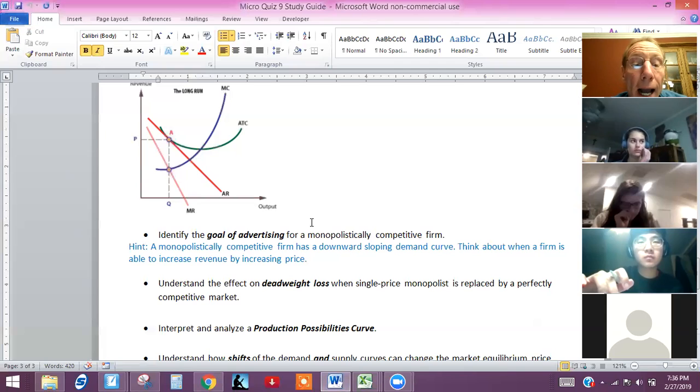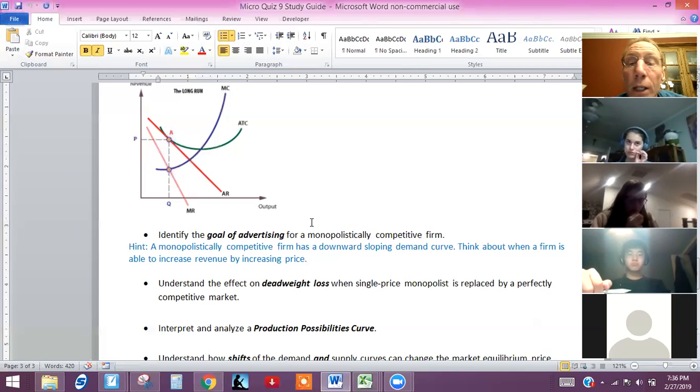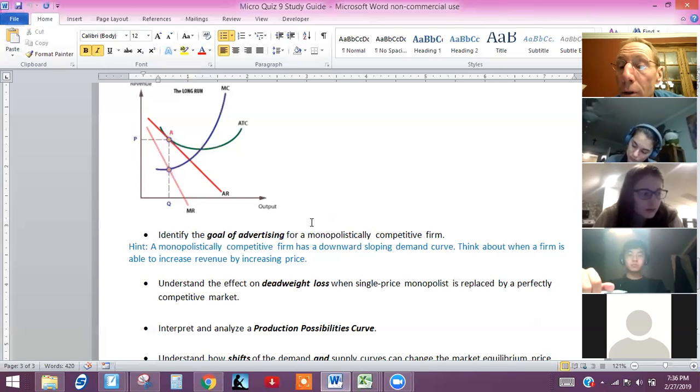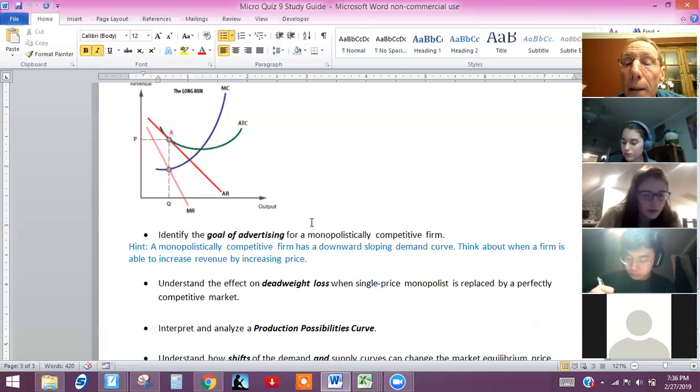So the hint I have in here is that we have to remember that a monopolistically competitive firm has a downward sloping demand curve. Now, if you think about that, when is a firm able to increase their total revenue by increasing price? If a firm is able to increase price and still increase revenue, they're going to.